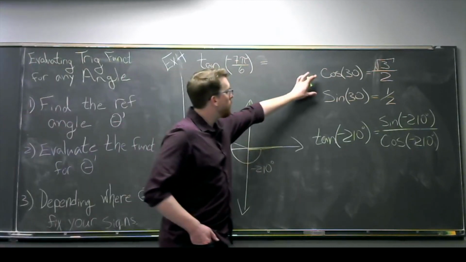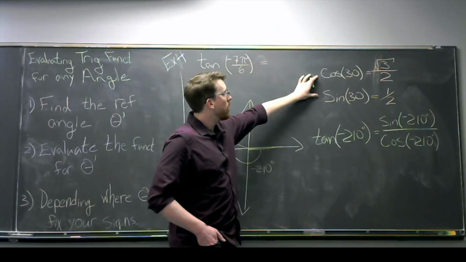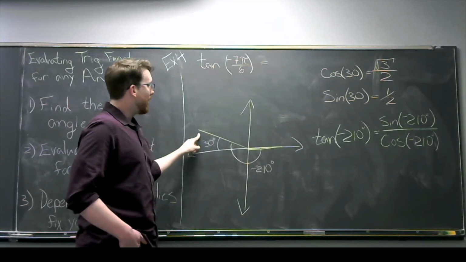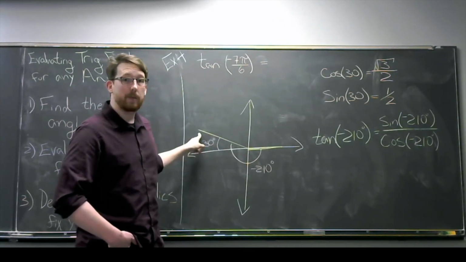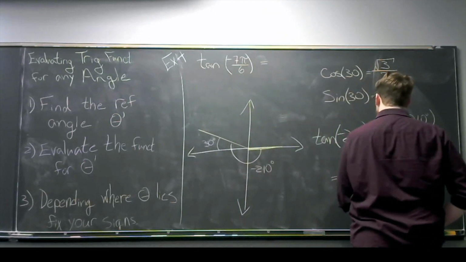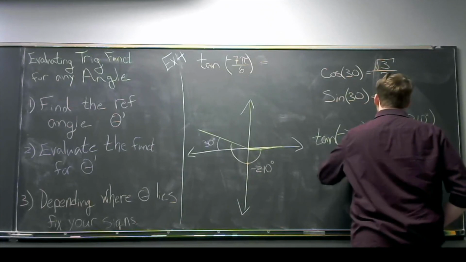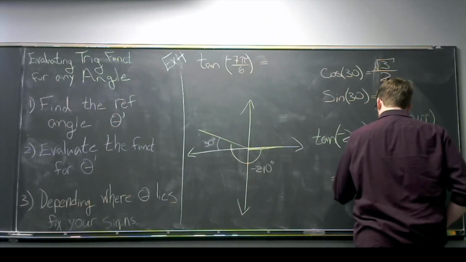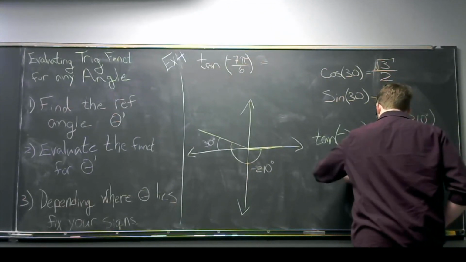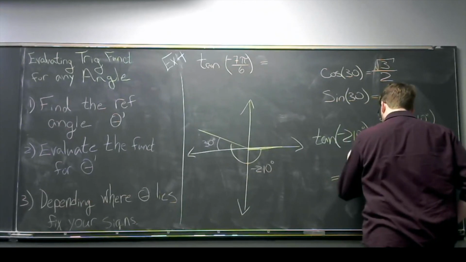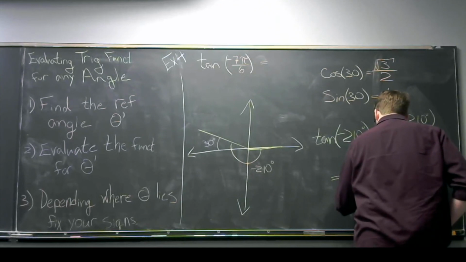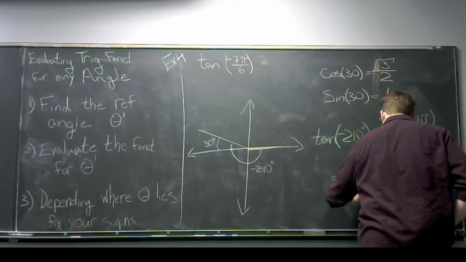So I can go ahead and apply the reference angle and say this is going to be sine over cosine. What we're going to find is cosine has to be negative, sine has to be positive. So this is going to be this 1/2 over negative square root of 3 over 2.